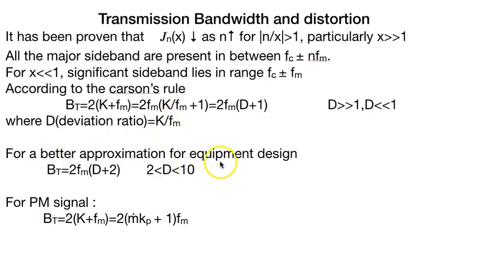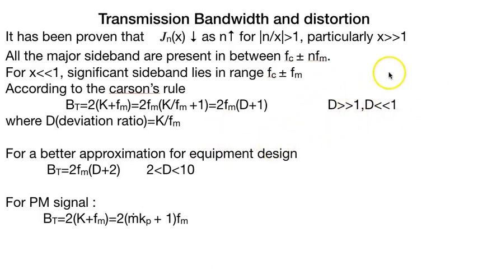For a better approximation for equipment design, BT is 2 fm (D plus 2). For a PM signal, it is 2(k plus fm), where this is 2 fm (kp times max m(t) plus 1). So you can check it out also. I have a confusion in this particular expression, but the rest of it is correct.